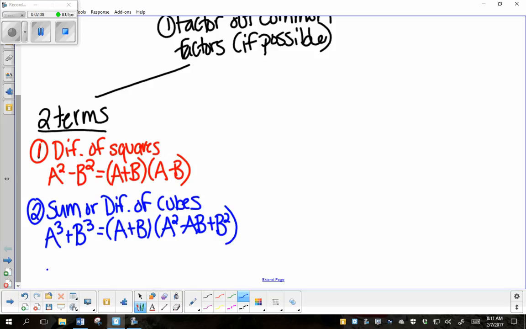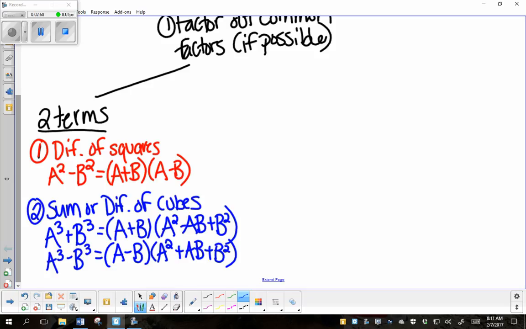A difference of cubes, a cubed minus b cubed, we factor into a minus b times a squared plus ab plus b squared. You're supposed to have those memorized. So those are the two things that could happen if you are left with two terms.